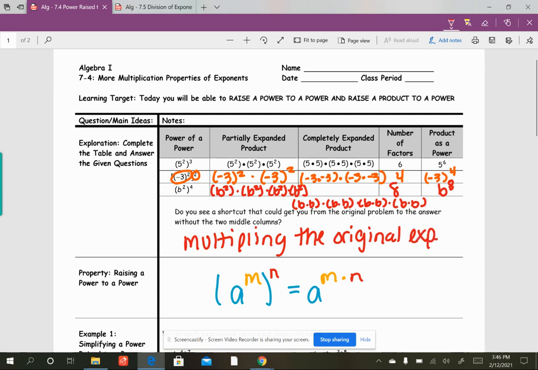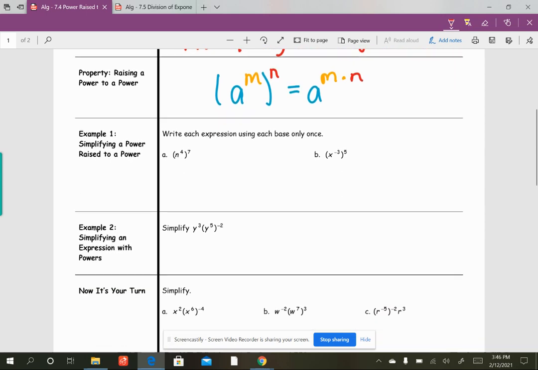Which in turn looks like a to the m in parentheses, and we're raising it to another power, which is n. So it ends up being a to the m times n. So this is where you're going to have to learn the distinction between if we are multiplying variables or if we are adding them. Okay, so let's look at some examples down here.